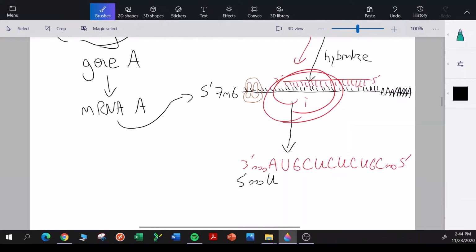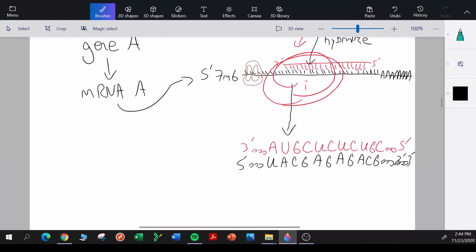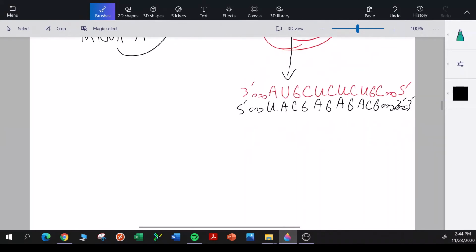So it doesn't have to match the whole thing. It just needs to complement part of it. I'm putting those dots there to indicate that the messenger RNA goes a little bit longer, and maybe the antisense RNA does too. And what they found was, sometimes this works.